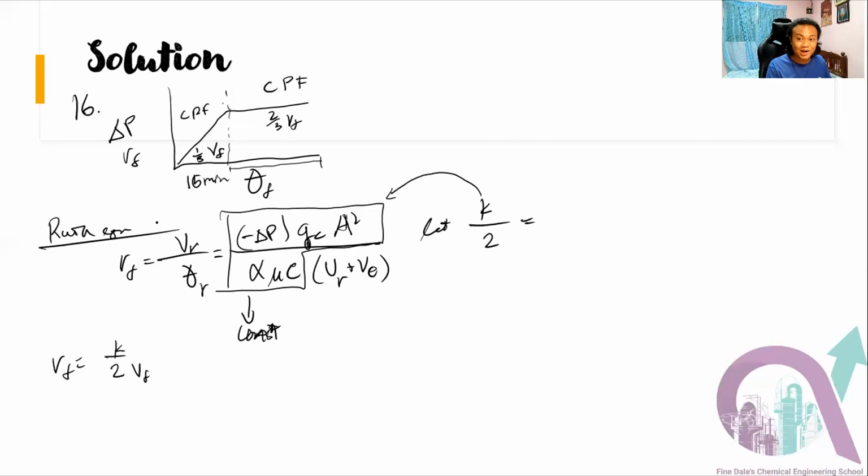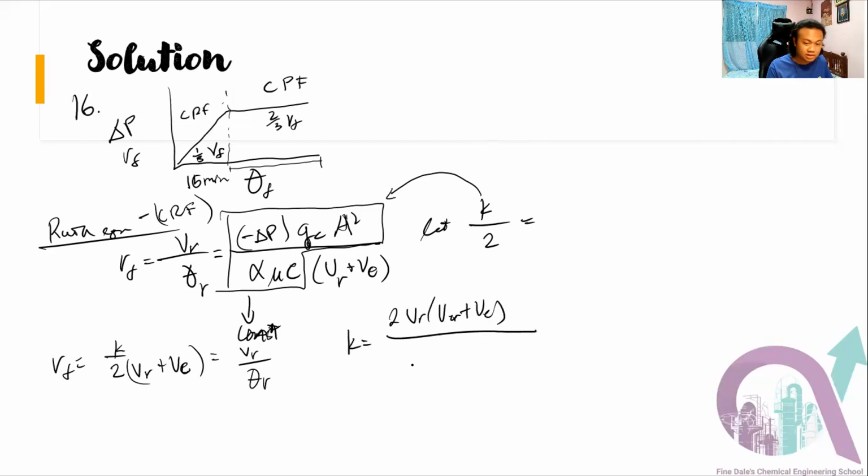So in CRF, this is in CRF mode. So VR, and then you have plus VE, the fictitious volume, equal to VR over theta R. So combine to one side so you can get the K. So 2VR and VR is VE over theta R.